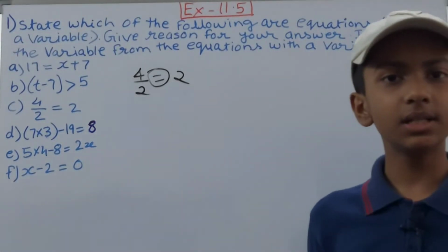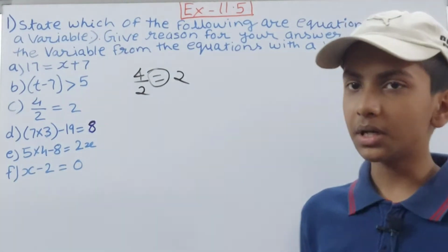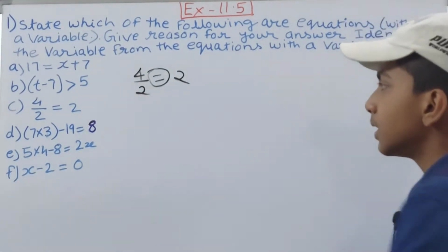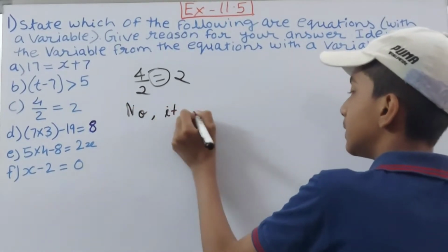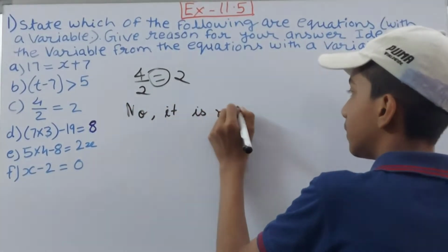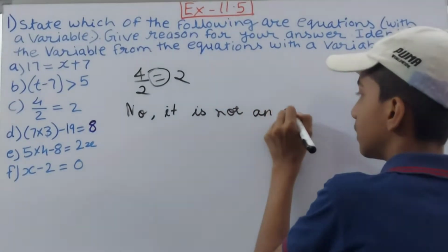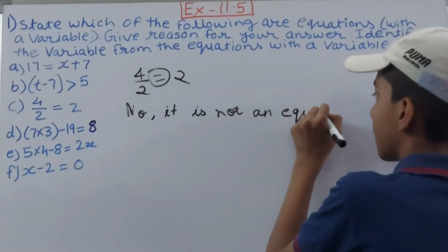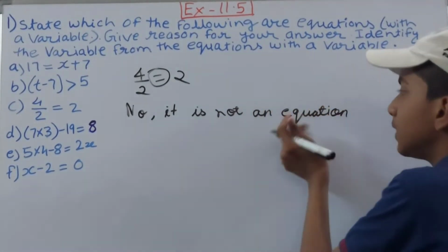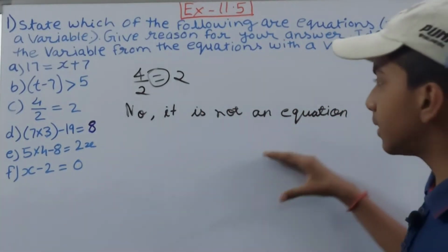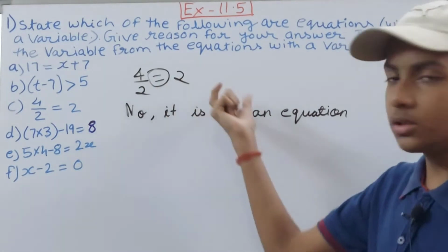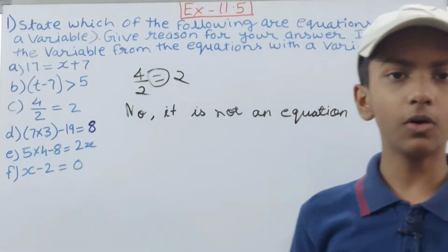It is asking us for an equation with a variable, but here no variable is there. So you can say that no, it is not an equation with a variable. Basically it is a numeric equation but not with a variable, because no variable is used. Let's move on to the next part.